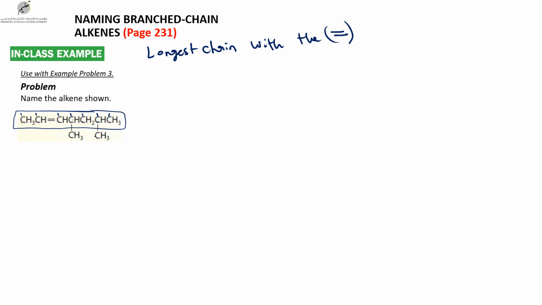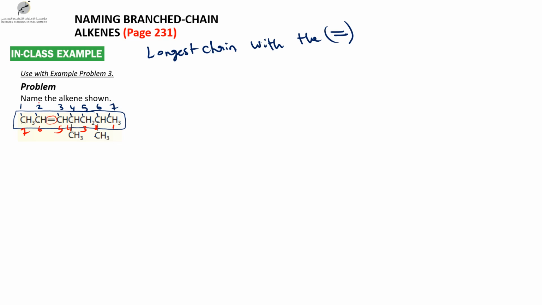Now, how do I put numbers? Do I give numbers from left to the right, or right to the left? Which one will decide? The location of the double bond is going to decide that.